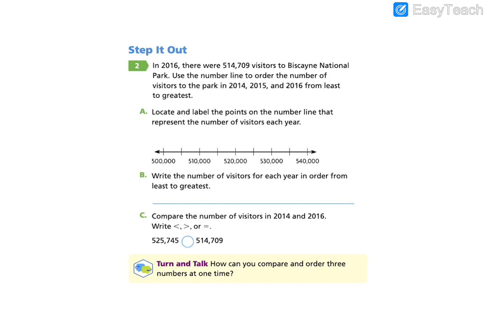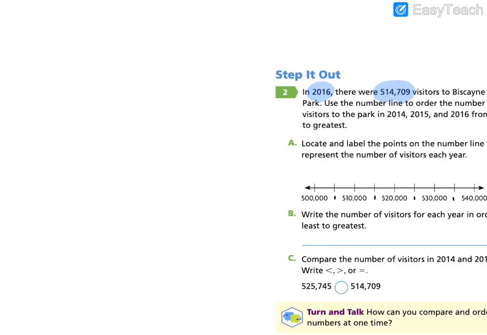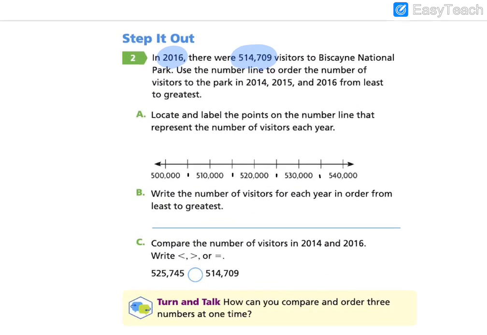Let's go ahead and start with 2016. Okay, 2016 was 514,709 visitors. Where would that fall here? Now we want to think about what this midway point is on our number line. If this is 500,000 here, and then 510,000, our midway point would be 505,000.